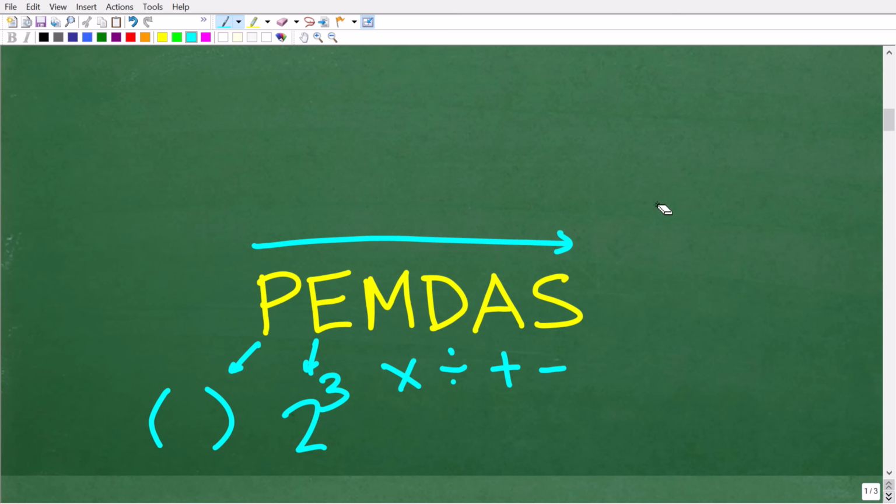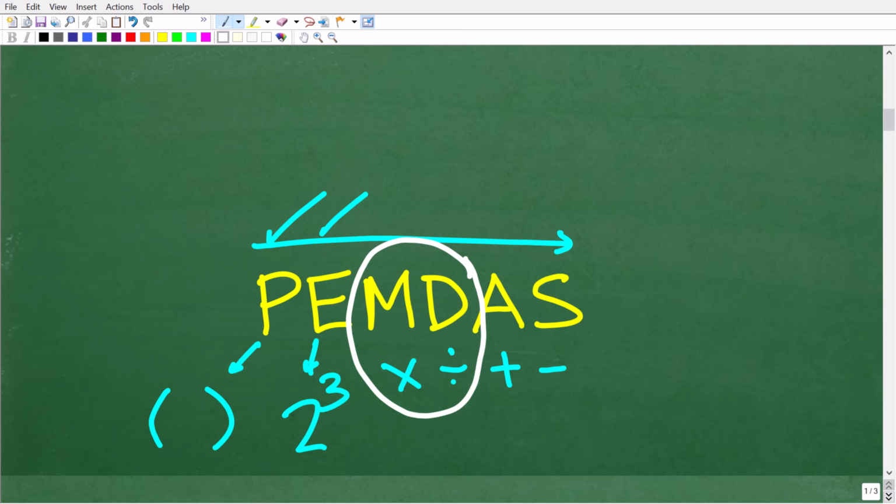So many students are pretty familiar with PEMDAS. They'll say, oh, okay, I have to do parentheses first, then exponents and powers next, and then multiplication, because we're doing this checklist from left to right, and then division, and then addition and subtraction. Well, that is not the way this works. The way this works is the following. The next thing to do after your parentheses and powers is any multiplication and division.